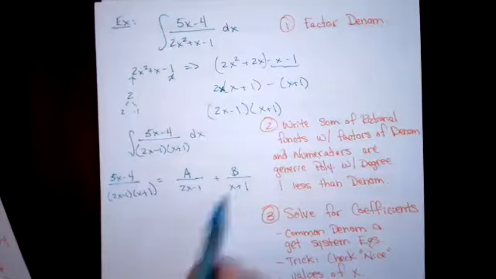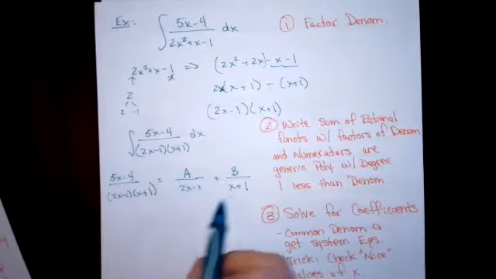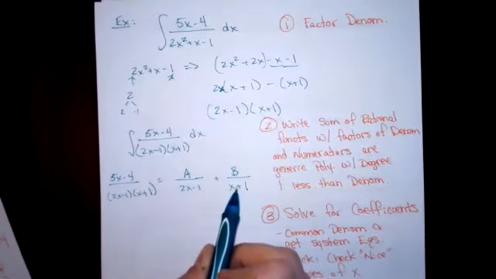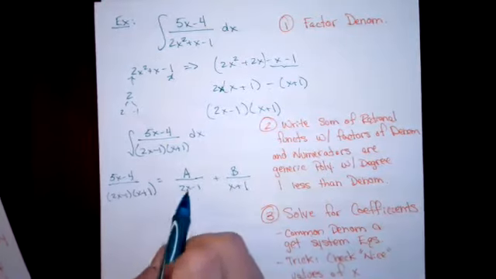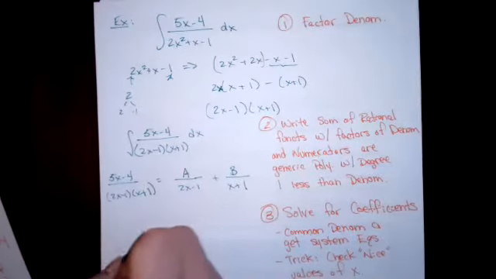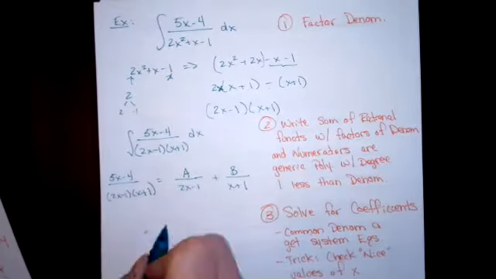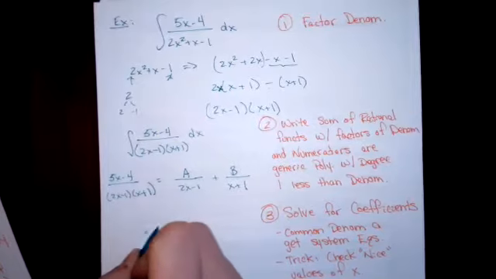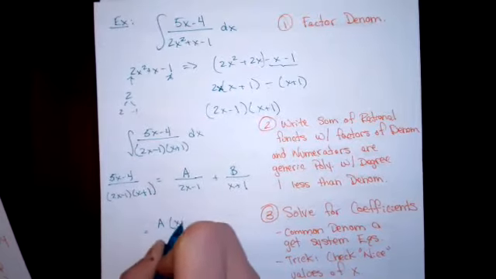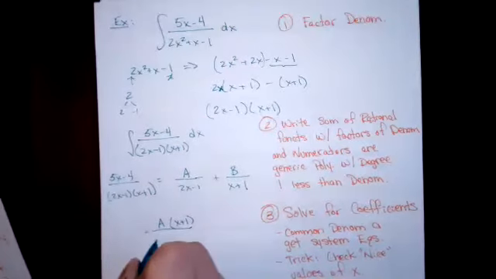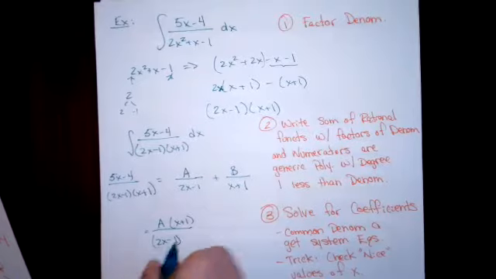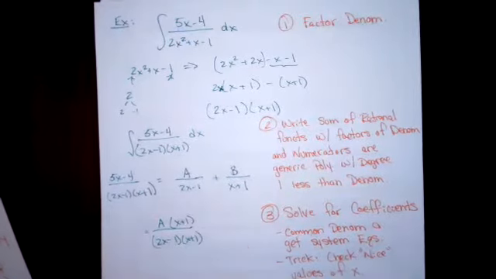I want this equation to be true. So if I were to find a common denominator for this right side to try to get back here, well, I need to multiply this a term, so to speak, a times (x plus 1) over (2x minus 1)(x plus 1).